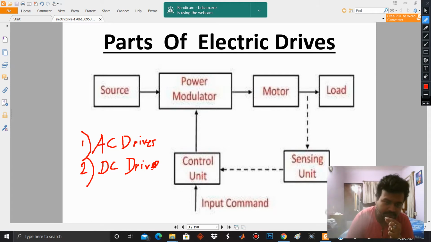So these are the two types of electric drives. AC drives means when the supply you are giving to the machine is AC or modified AC. Why modified? Because this particular waveform you are obtaining by power electronics.